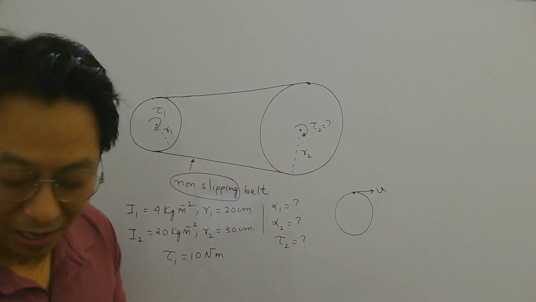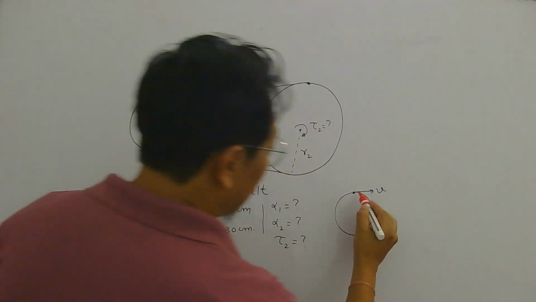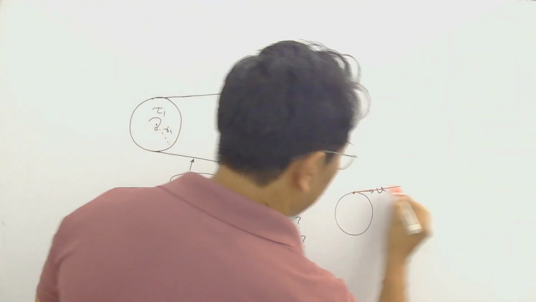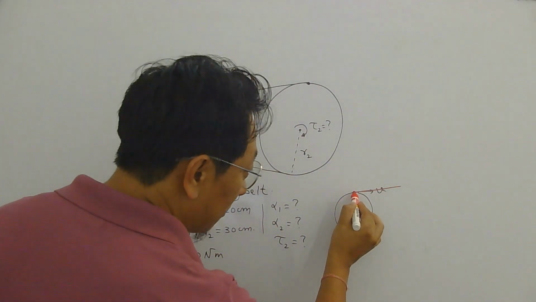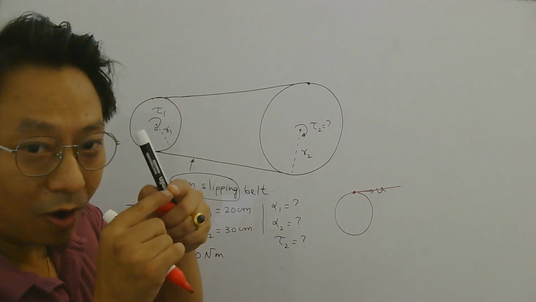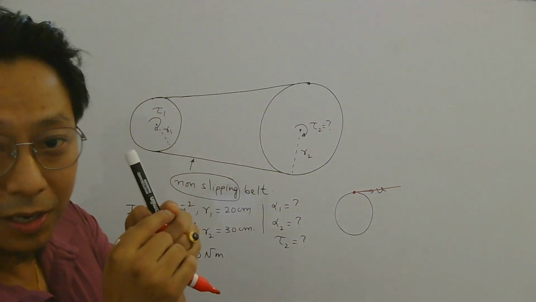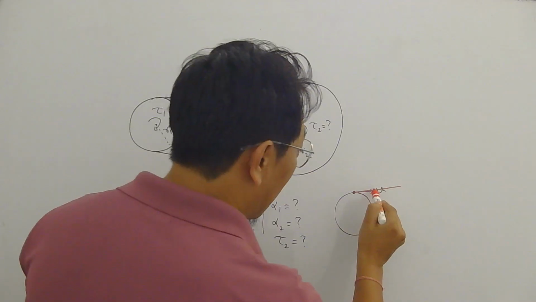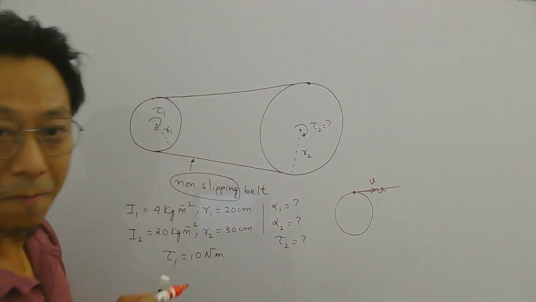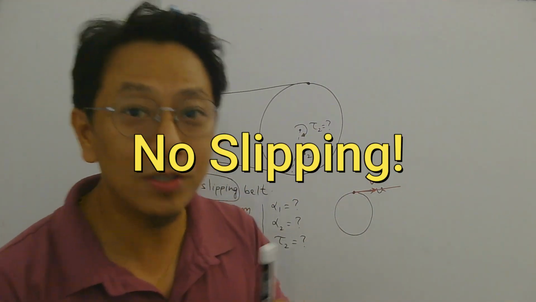Now the point of the belt which is in contact with the point on the wheel, those 2 points must have the same velocity. That is the meaning of no slipping.